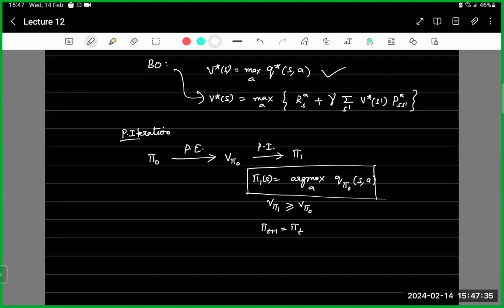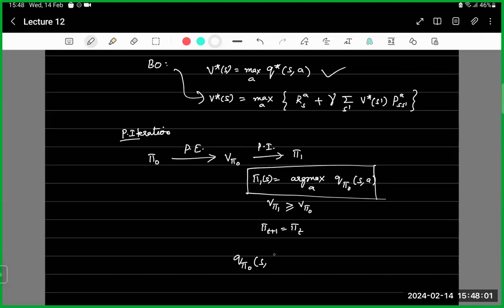So what does that mean? So if I want to behave according to pi naught, even at that step, what is the value that I'll get?